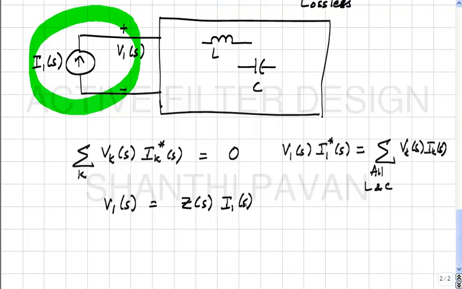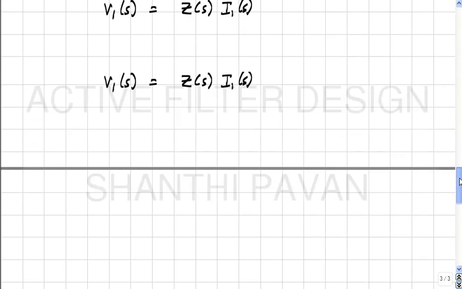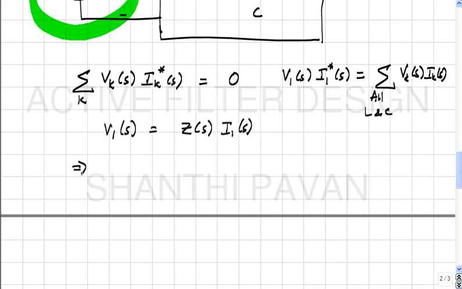If you pump in a current, the voltage developed is nothing but the Laplace transform of the impedance looking in multiplied by I1 of S. All right. So this therefore means that mod I1 of S the whole square times Z of S must be what?